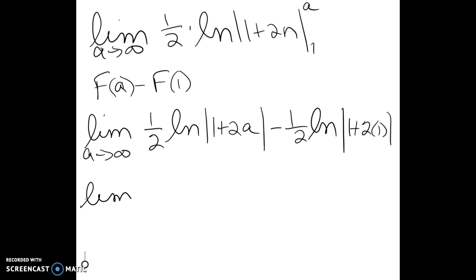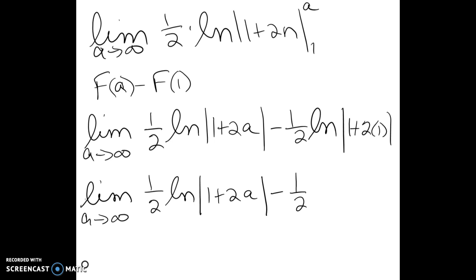We cannot clean up 1 plus 2a. It stays exactly the same. Minus 1/2 natural log of 1 plus 2 times 1, which gives us 1 plus 2, the natural log of 3.